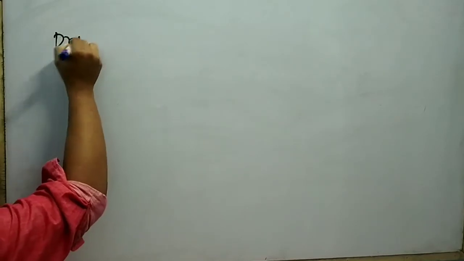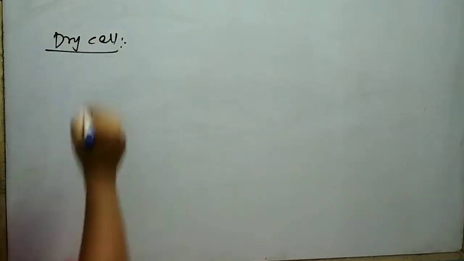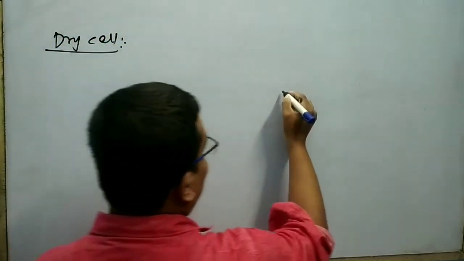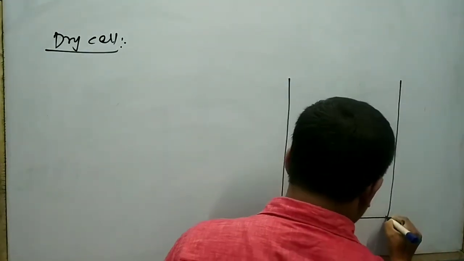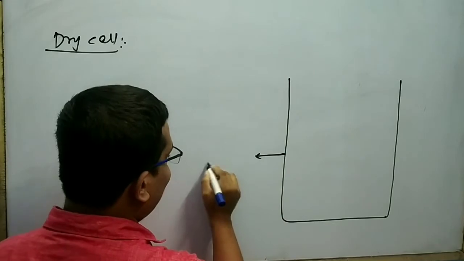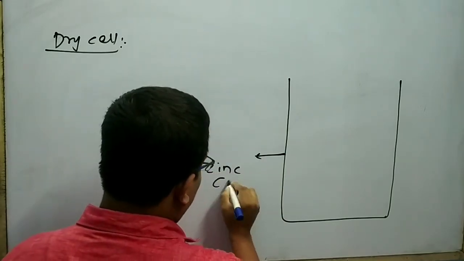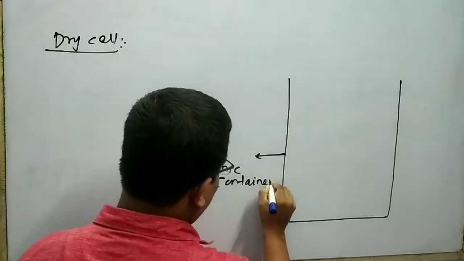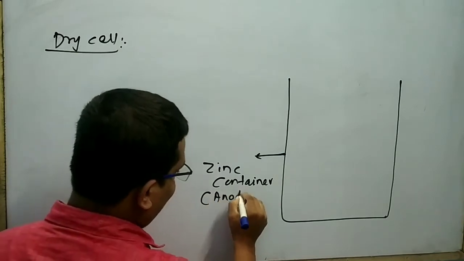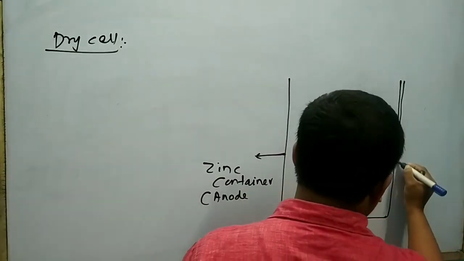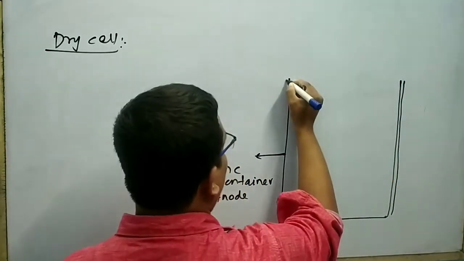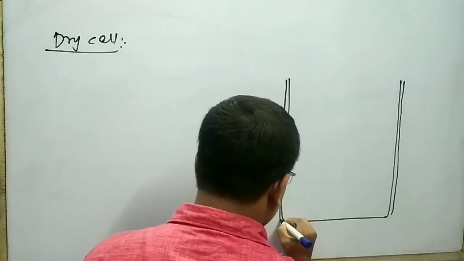Now I will discuss the dry cell. In the dry cell, a zinc container is present, and the zinc container acts as the anode. A cardboard is coated over the zinc container.